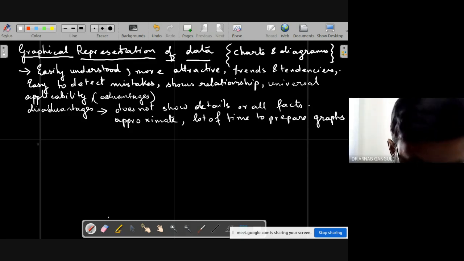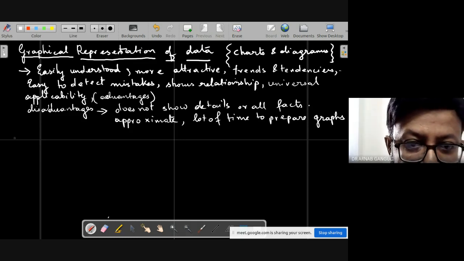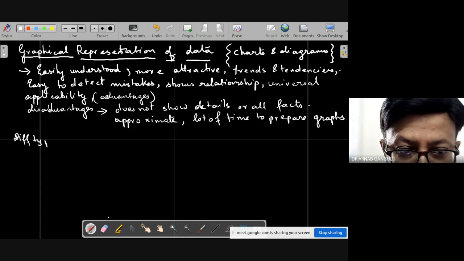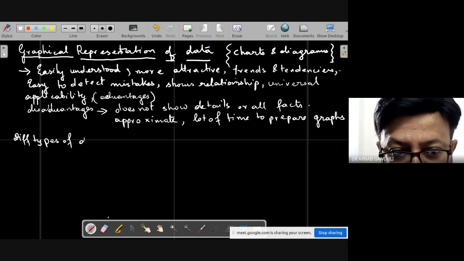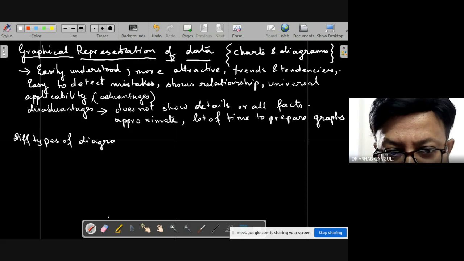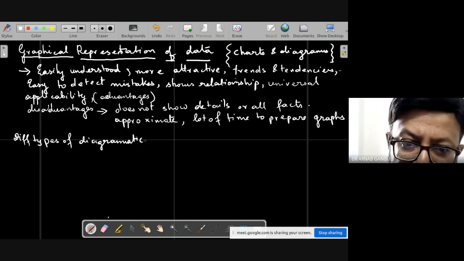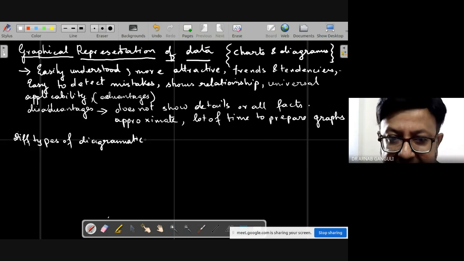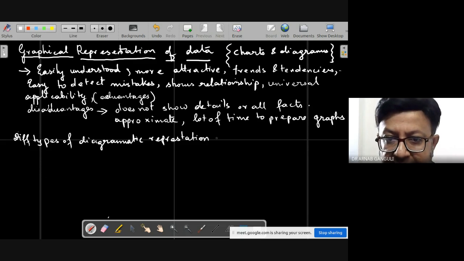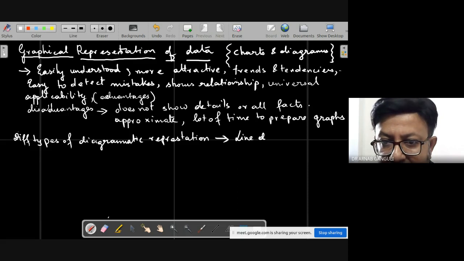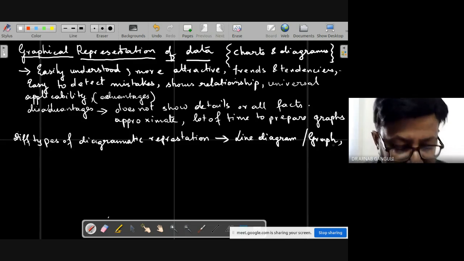So, what are the different types of diagrammatic representation? There are different ways by which we can graphically represent data. One is line diagram or graph. You people know how to use this; you have made lots of graphs.